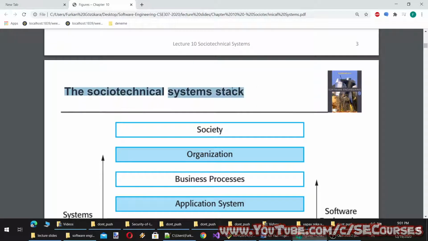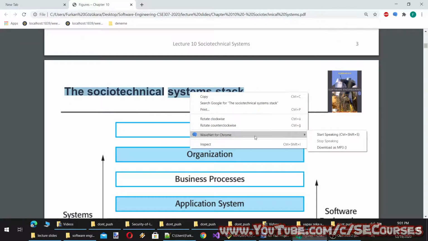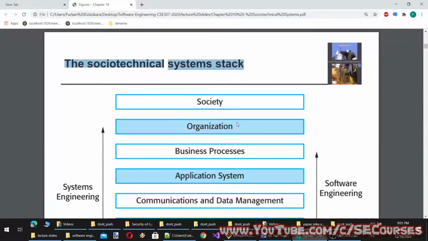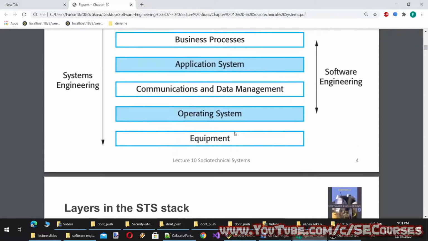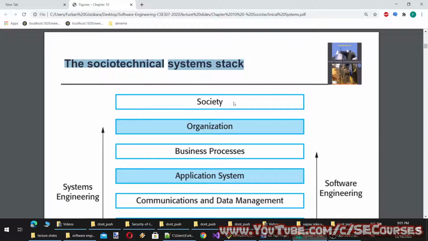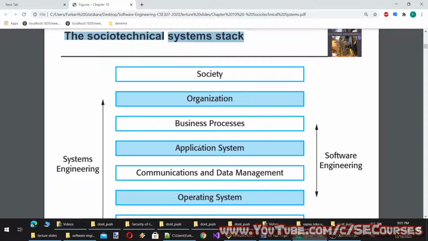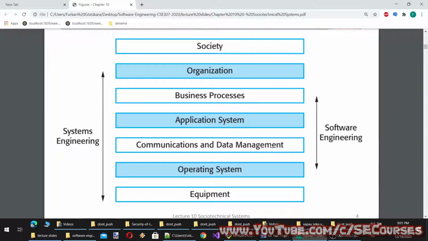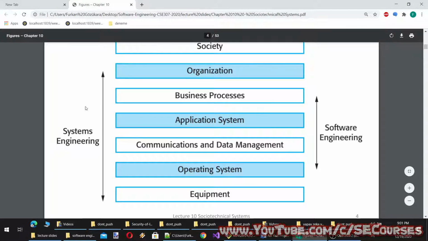So the socio-technical systems stack. There is society, organization, business process, application system, communications and data management, operating system and equipment. And other than society, they are all part of system engineering, and business process, application system, communication and data management and operating system are software engineering.